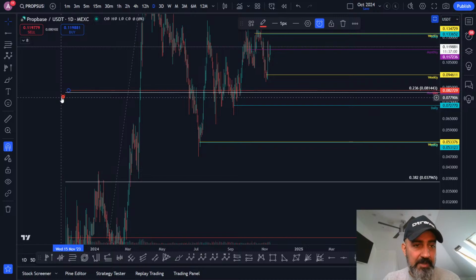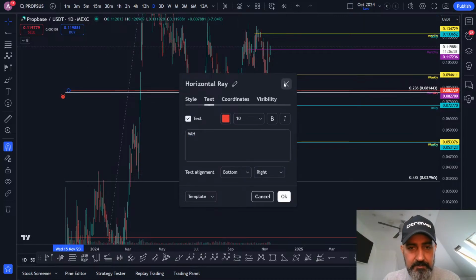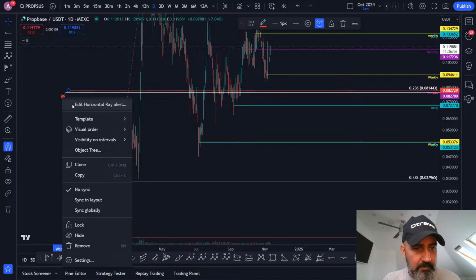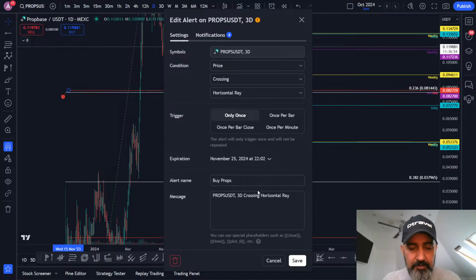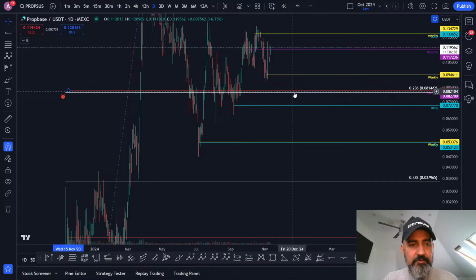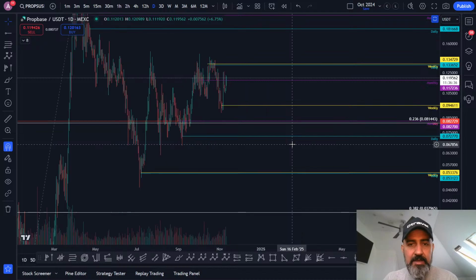Did I put an alert there? By Propbase. Value area high. 0.236. So I mean, it might not happen, but that's really the best place to buy if you get a pullback.